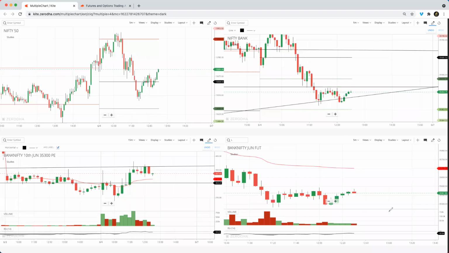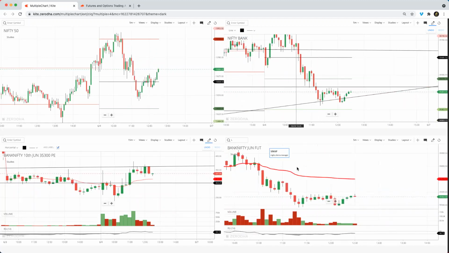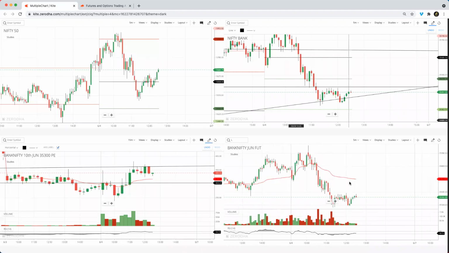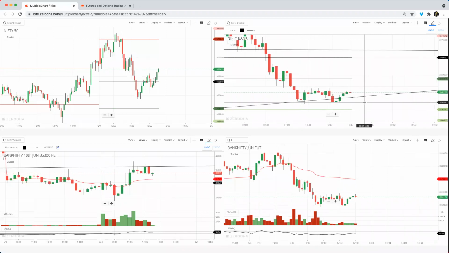The problem is that all this upside move doesn't look convincing, because what we realize from the charts is that the sellers still have the upper hand. As long as that is not changing, we'll stick to the position.